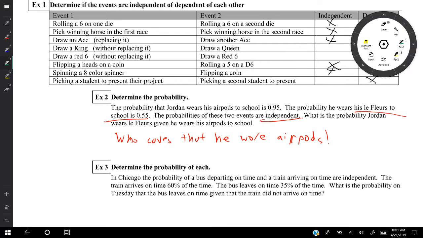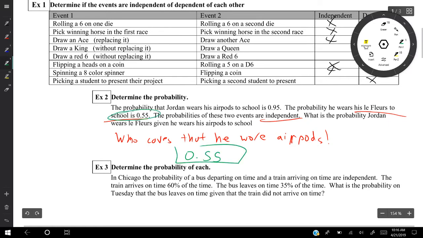It doesn't matter whether he wears some classic Sony Walkman headphones. It doesn't matter. Who cares? The events are independent. If the events are independent, the probability stays the same. So what's the probability he wears LaFleurs if he wears AirPods? 0.55. It doesn't change.